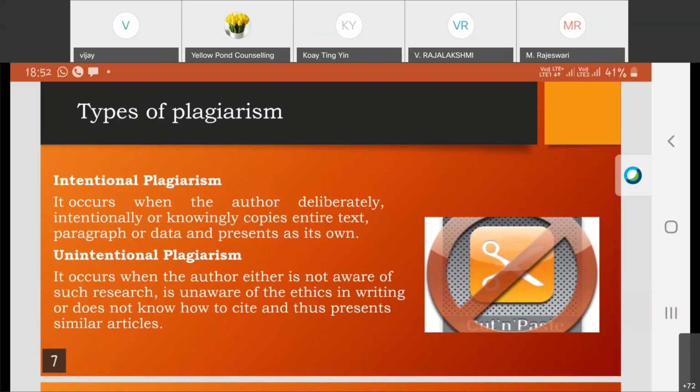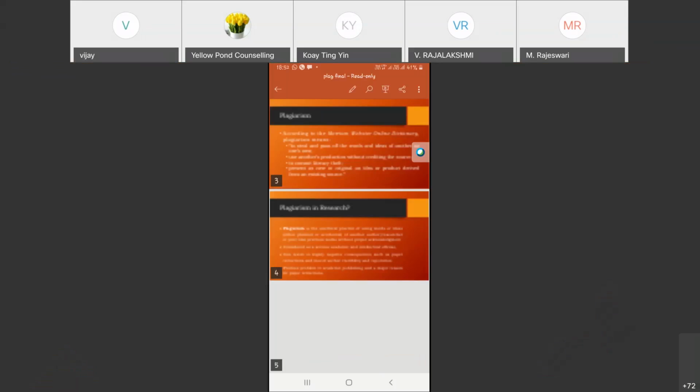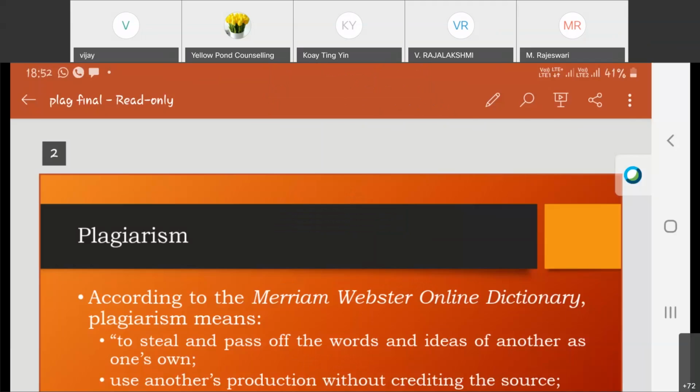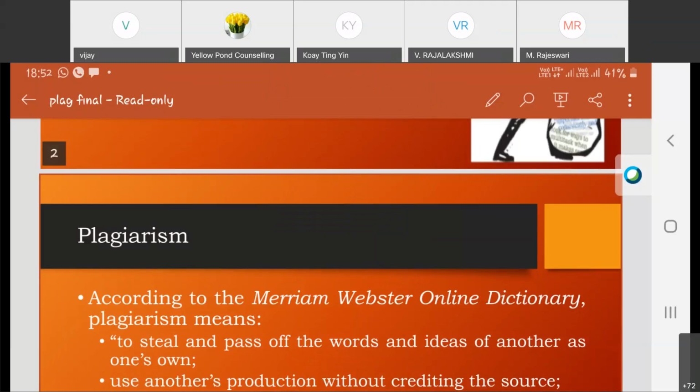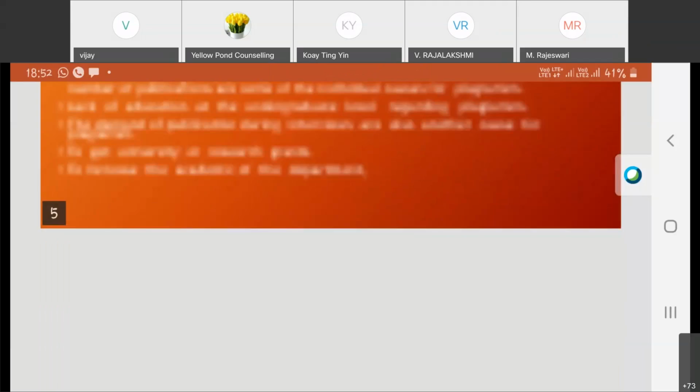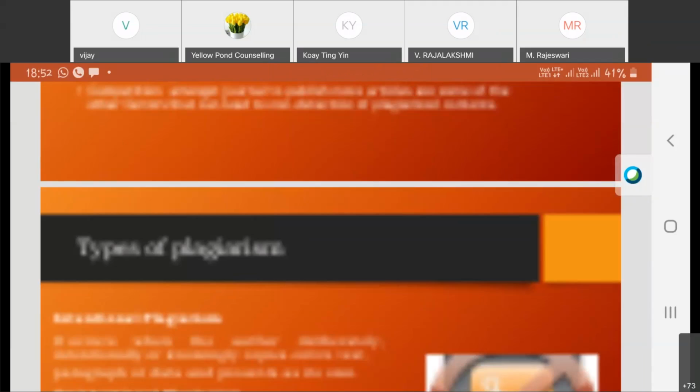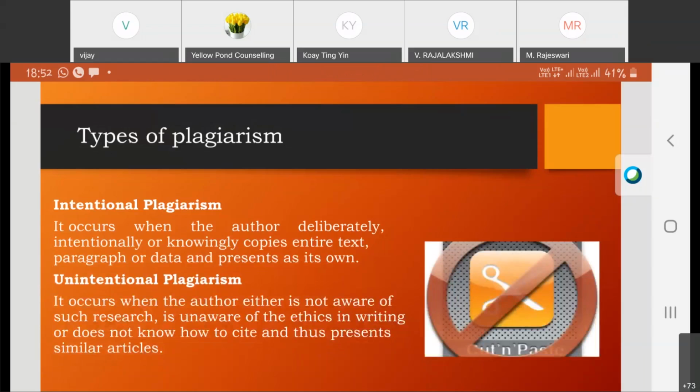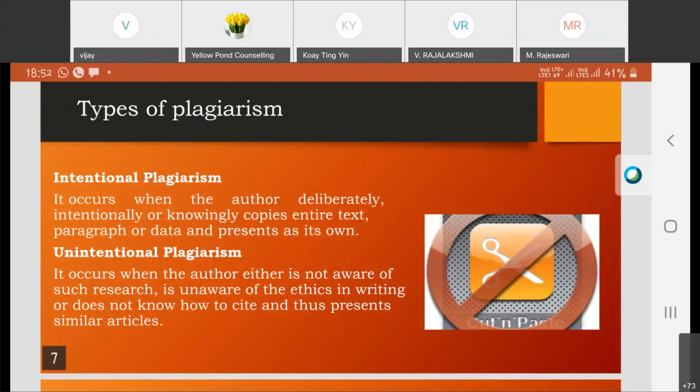The next thing is patchwriting, or mosaic. I have noticed that not only many students but many researchers and research papers replace or reorder some actual content, which leads to plagiarism. Such plagiarism is patchwriting or mosaic.